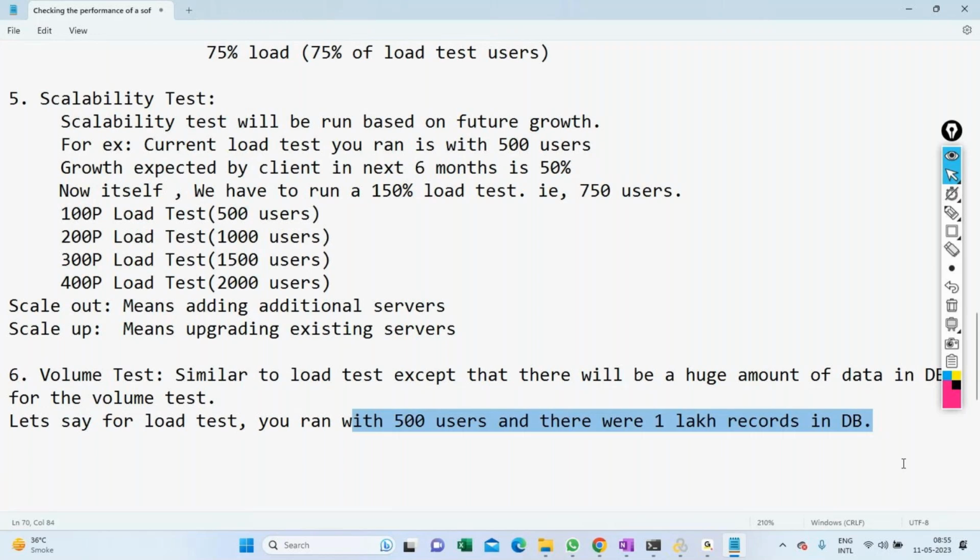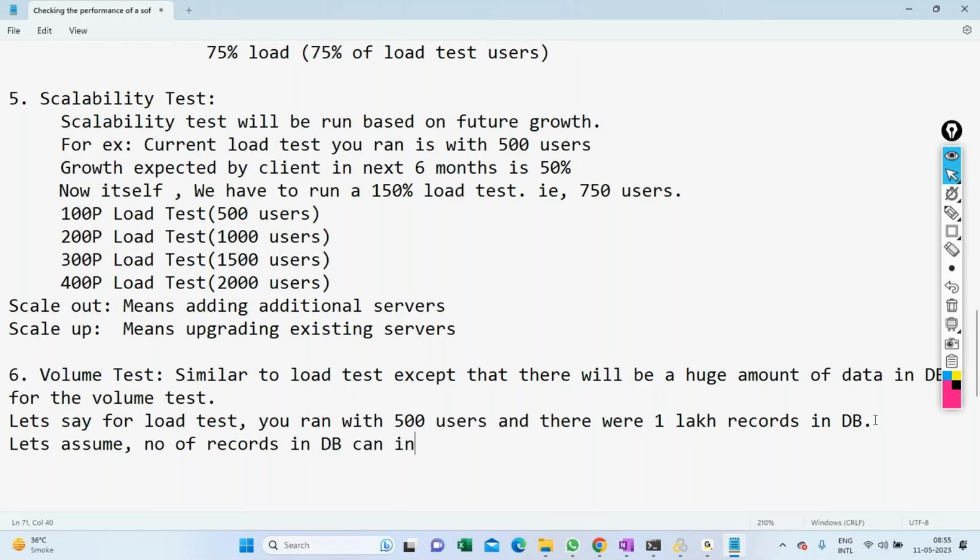Now, in future, the number of records can increase to 4 lakhs. Let's assume the client said the number of records in the database can increase to 4 lakhs.